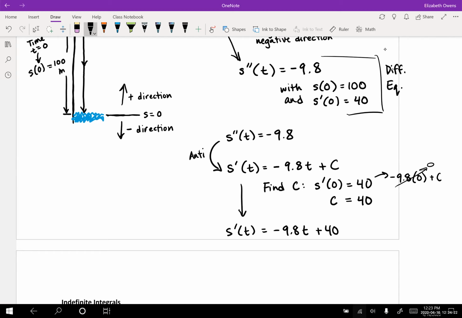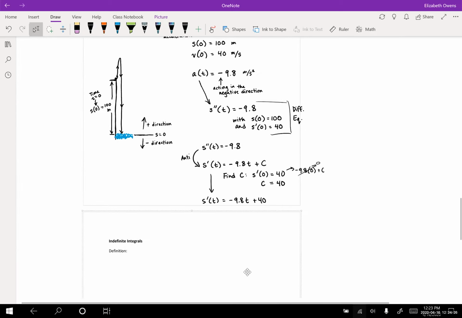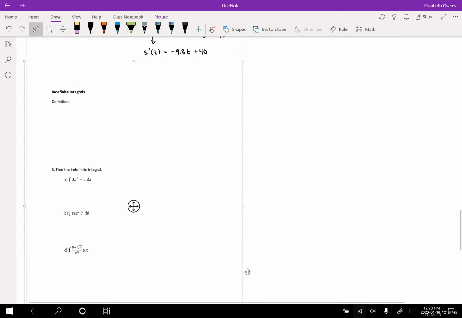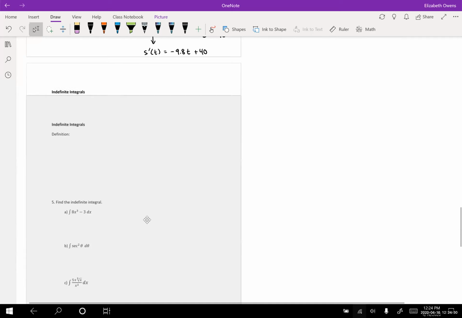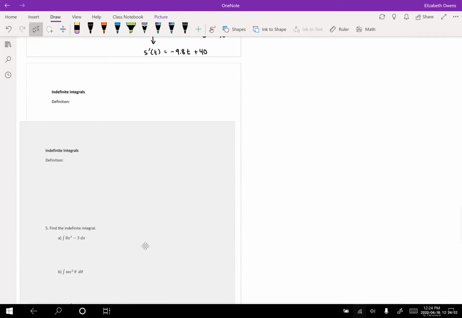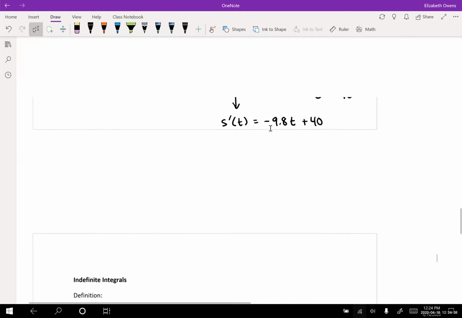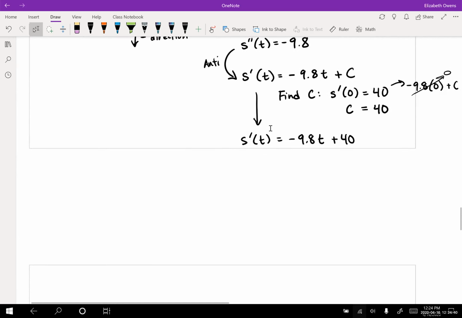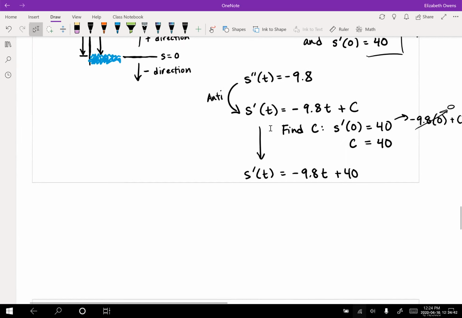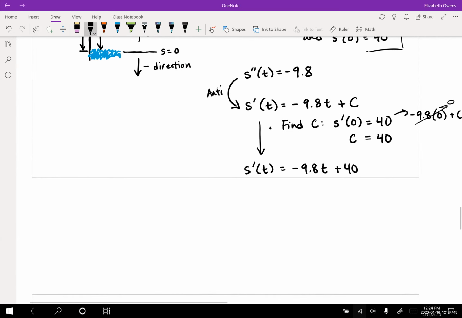And so to get back to position, I'm going to need a little extra room here. So let me zoom out and make a gap in the pages. Just a little bit. Okay. Zoom back in. Because we've got our first derivative now, and we're going to want to use that antiderivative again.